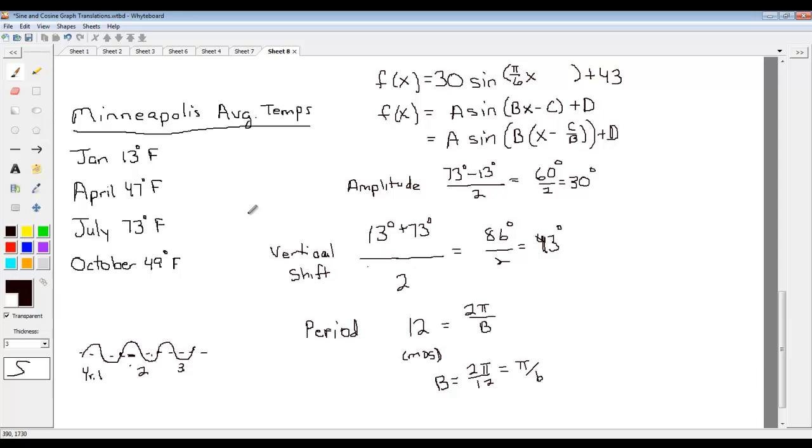Let's let January, coldest month, be x equals 1. Then when you come back to January, right before that, x is 12. Hottest month is July. Let's let that be x equals 7. Halfway between is April, so x is 4. If you went on to December, x is 12.